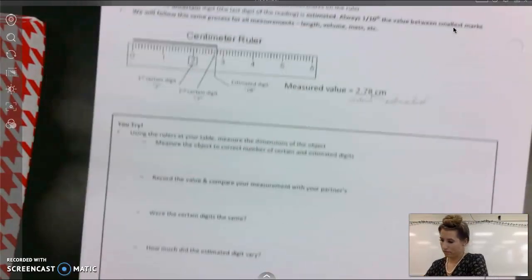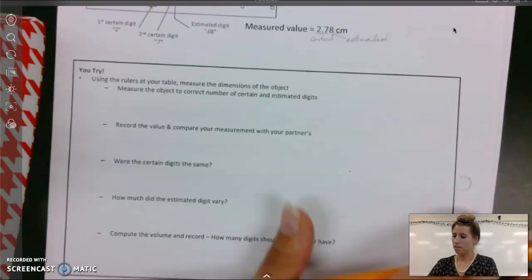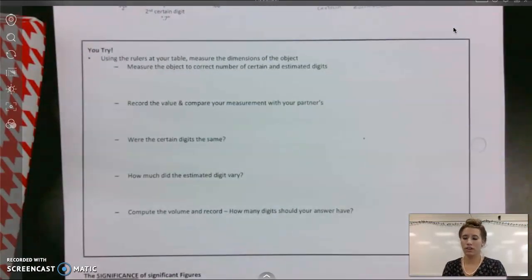All right, now I want you to hit pause, take a moment, go find an object in your house, take a ruler, and start making measurements.